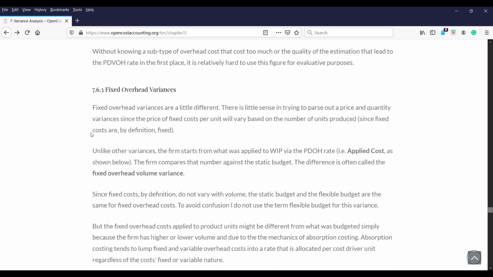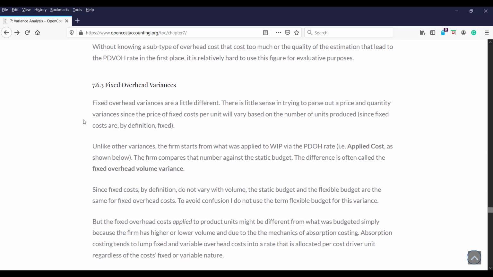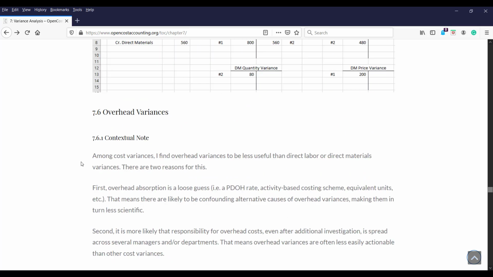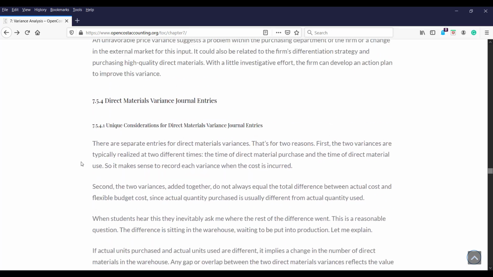With fixed overhead variances, we're going to parse things out a little bit differently, because they don't vary by volume. That kind of defeats one of the big things that we're using in our peaks up here. Fixed costs don't vary by volume.